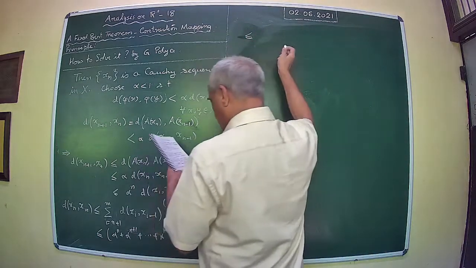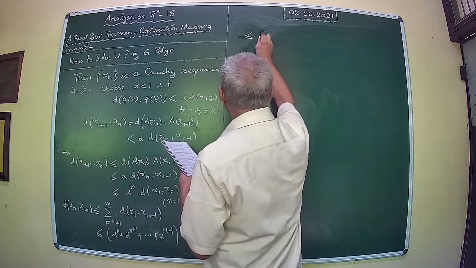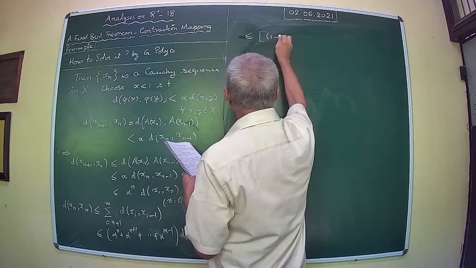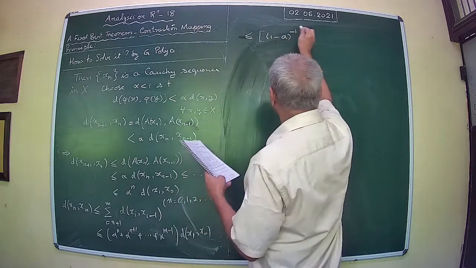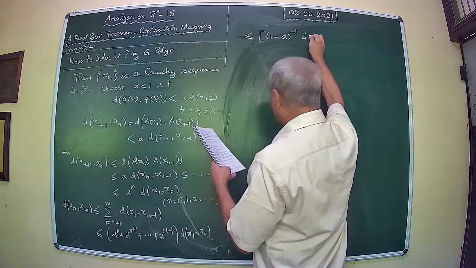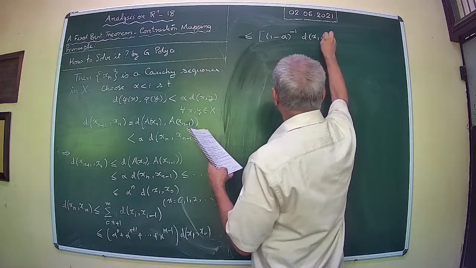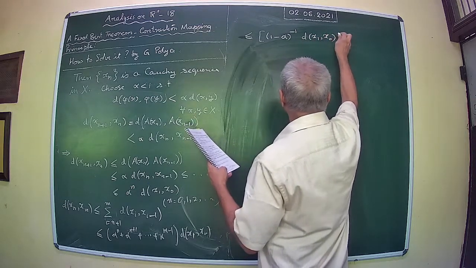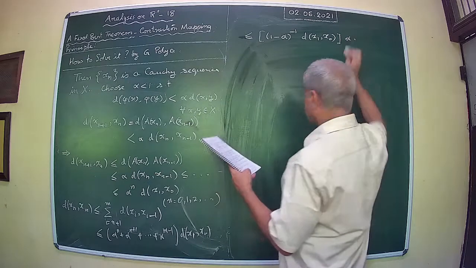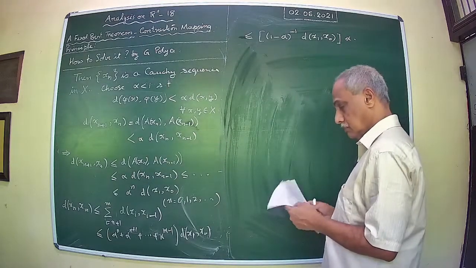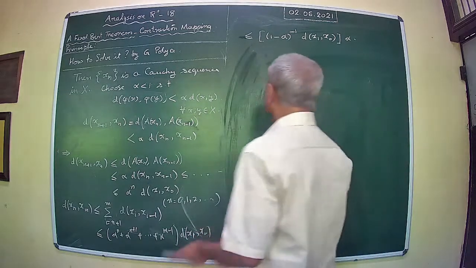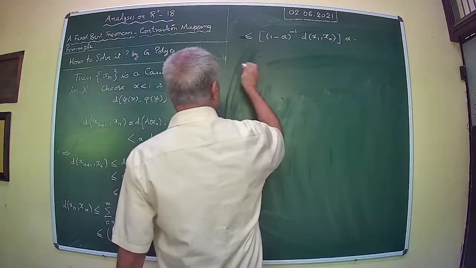Less than or equal to alpha to the power n over one minus alpha times d(x1, x0), and this, since alpha is less than 1, goes to zero.